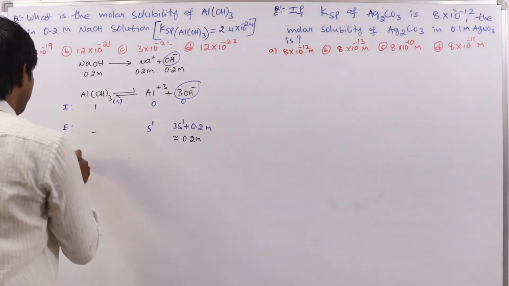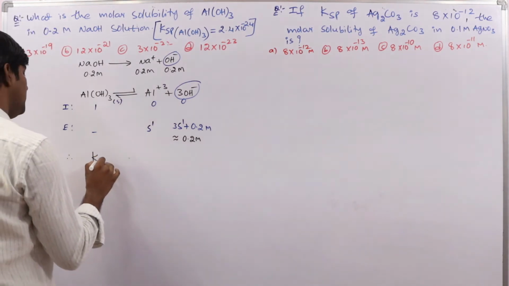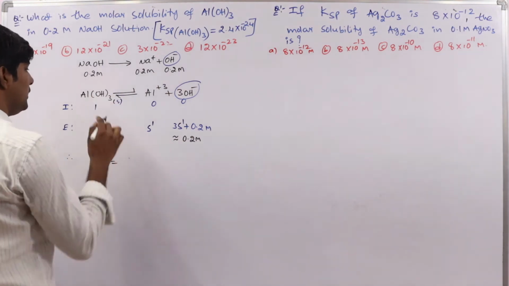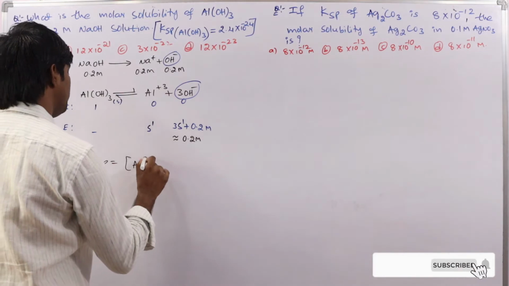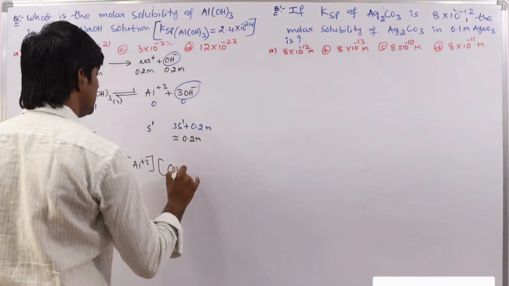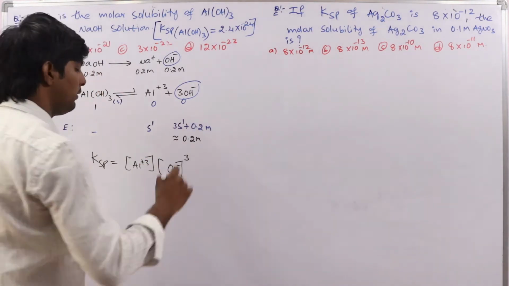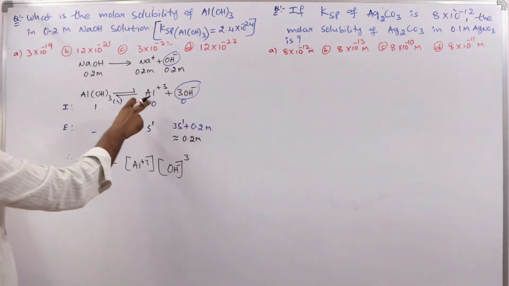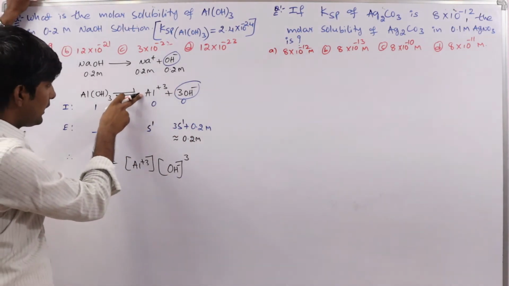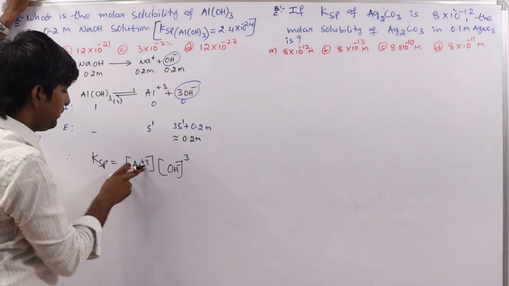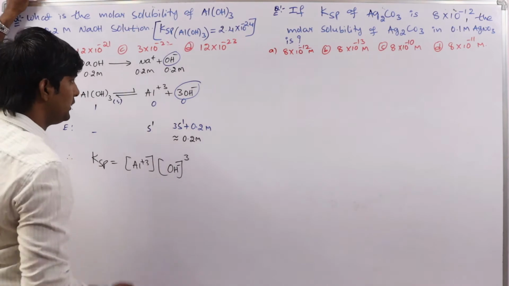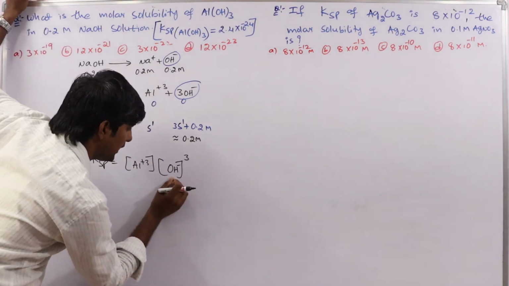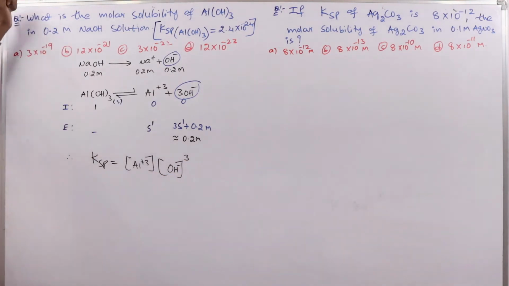Now let us write the KSP expression for aluminium hydroxide: concentration of aluminium plus 3 into concentration of OH minus whole power 3. Only one aluminium cation is present, so aluminium plus 3 whole power 1, no need to write, and we have 3 OH minus ions, so the OH minus concentration is raised to the power 3.